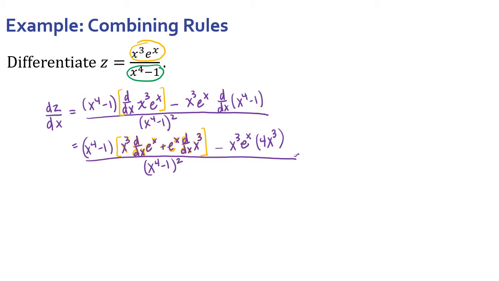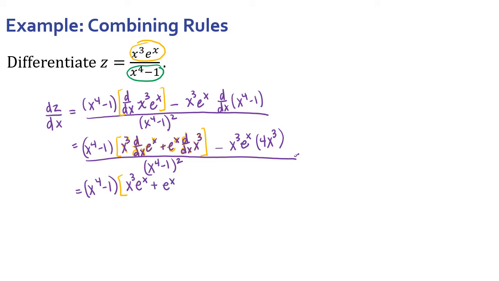Okay, so then that's going to become x to the 4th minus 1, and that entire quantity, so don't forget your parentheses, is getting multiplied by x cubed. The derivative of e to the x is e to the x, plus e to the x.